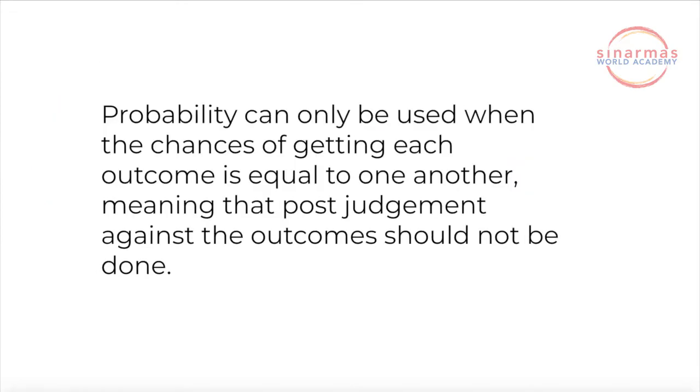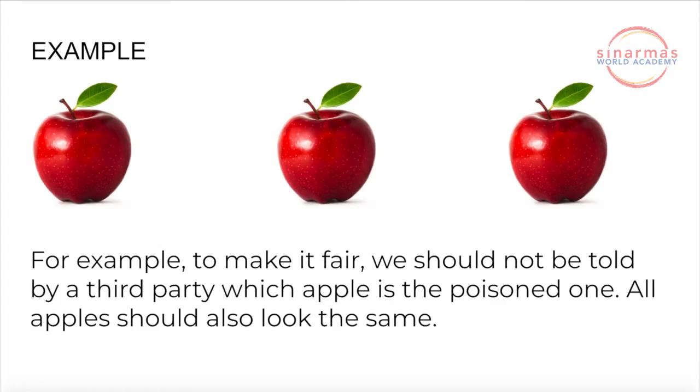Also, probability can only be used when the chances of getting each outcome are equal to one another, meaning that judgment about the outcome should not be made beforehand. For example, with the 3 apples again, to make it fair, you should not be told by a third party which apple is the poisoned one.